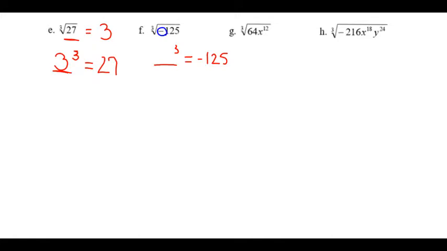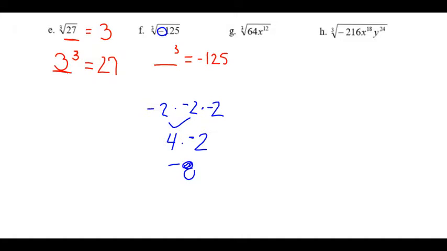If I multiply a negative number together 3 times, for instance negative 2 times negative 2 times negative 2, 2 negatives make a positive, but when I multiply that positive answer times my last negative, I get a negative number.